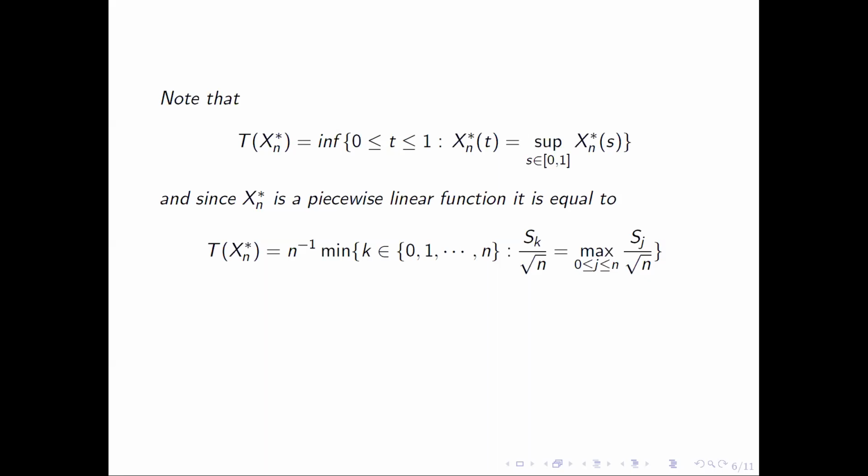Now if you apply the continuous mapping theorem, the general continuous mapping theorem, because you can apply that as the Wiener measure makes T almost surely continuous, hence what you get is T of Xn star would converge to T of W. Now the problem would be how to identify T of W. This will require some facts from Brownian motion again.